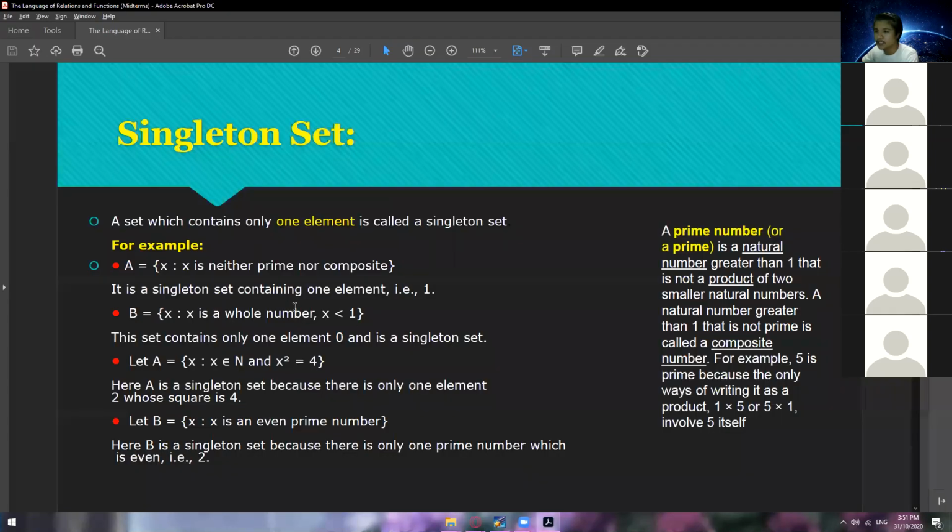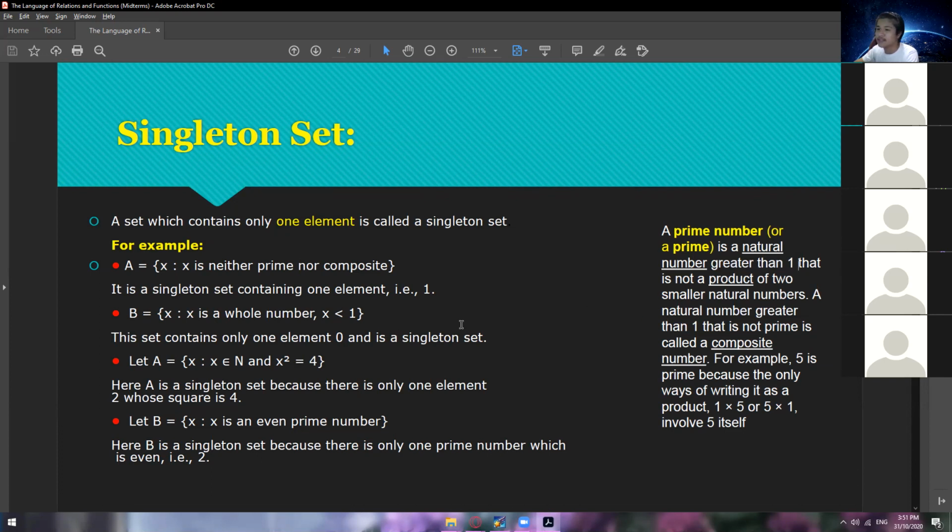So going back here, yung condition natin, it should not be a prime number nor a composite number. If you notice, 1 is not a composite number and 1 is also not a prime number, kasi sabi dito, should be greater than 1.